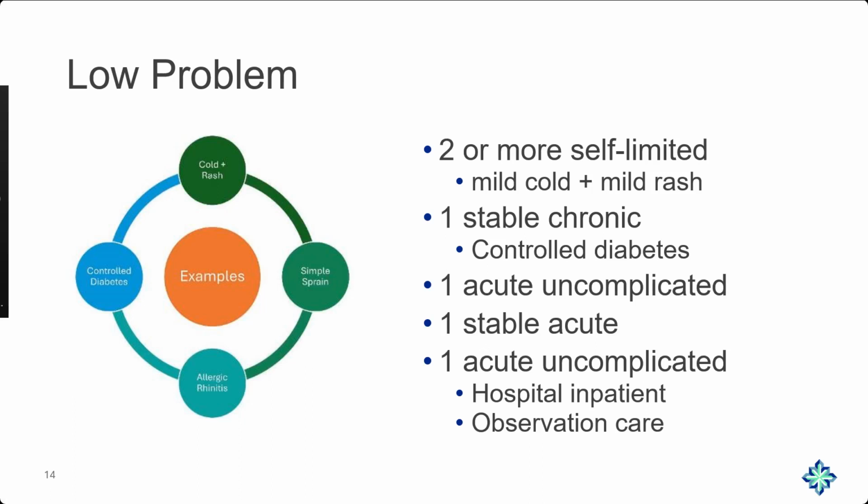An acute uncomplicated illness or injury. Go back to that patient with the cold, but the over-the-counter medication they're taking, maybe they're taking some NyQuil, it's not helping. So they are coming in for consideration of some steroids or other medications to help alleviate the symptoms. It's acute, it's uncomplicated, still kind of have that defined course, but they need a little bit more help.